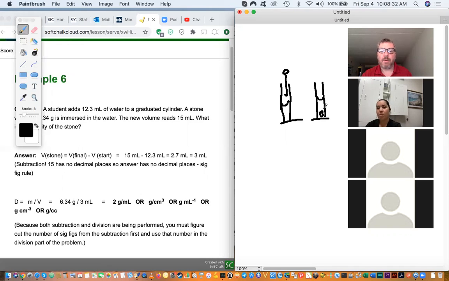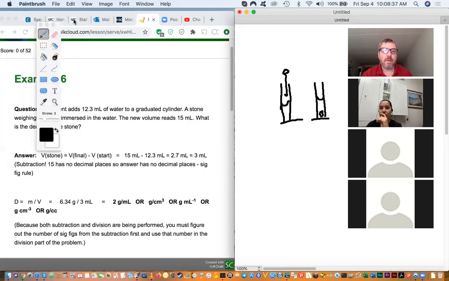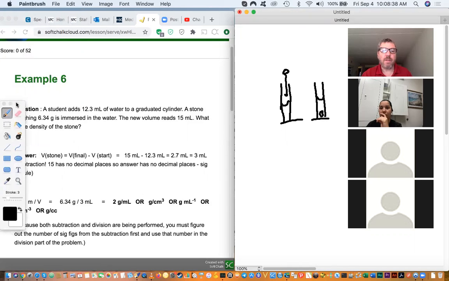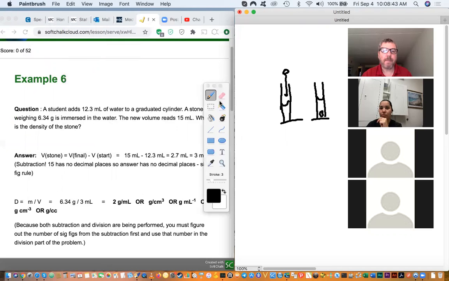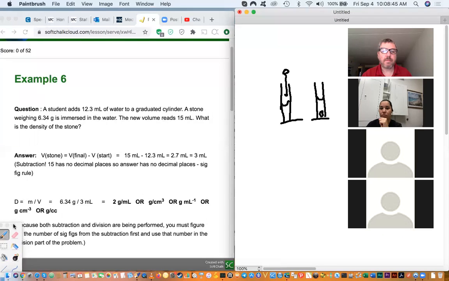That means we're required to do a subtraction here before we do our division, which means that what distinguishes this case from the previous case we were looking at is that now we're mixing operations. We're doing a subtraction and then a division. That's going to require us to do something different with the significant figures.